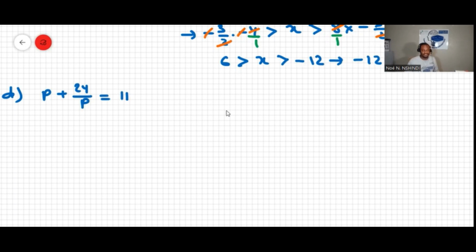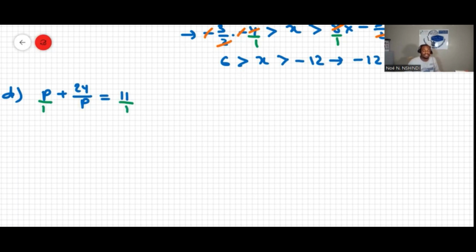Now, to solve this, we can make a common denominator, okay? Because here the denominator is P, and over there the denominator is just 1. There also 1. We can make everything with a common denominator.